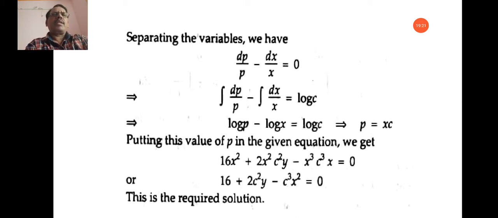So putting the value of p as cx in the given equation, we get 16x square plus 2x square c square y minus x cube c cube x equal to 0, or 16 plus 2c square y minus c cube x square is equal to 0. This is the solution of the given differential equation.